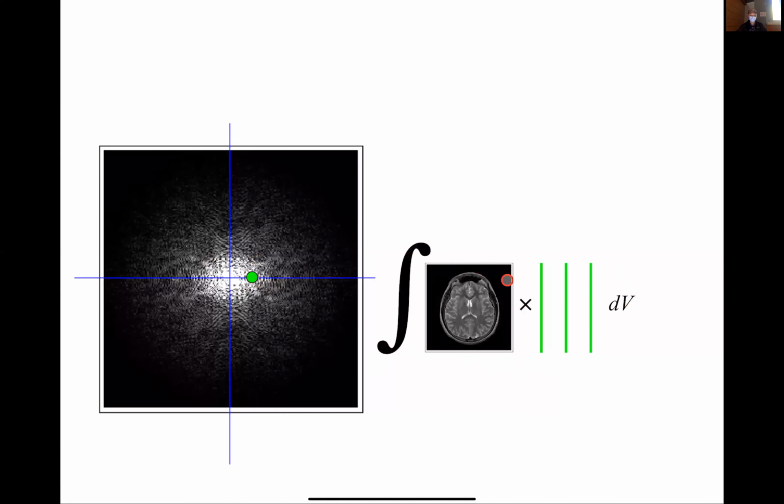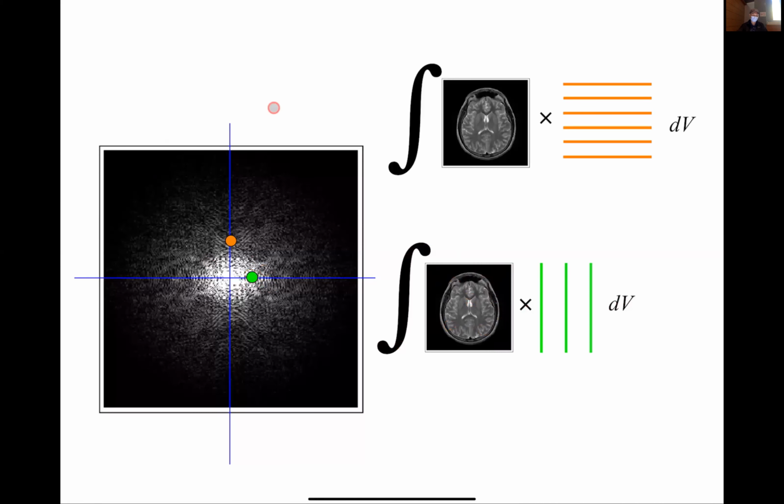It means I take my object and multiply by something that varies along the x direction. This tells me how much of my object can be represented by that spatial variation. Then I put that number and plot it here. That's the value of the Fourier transform at that location.